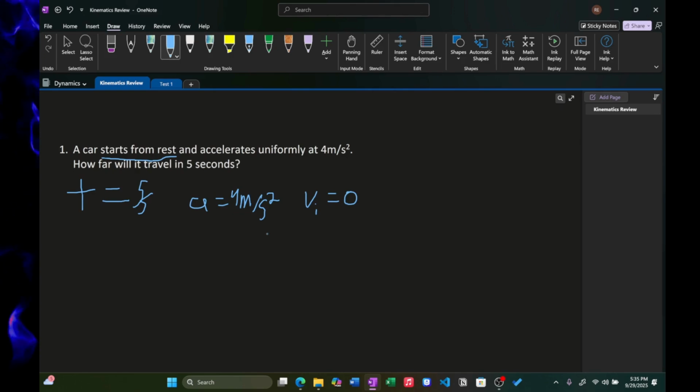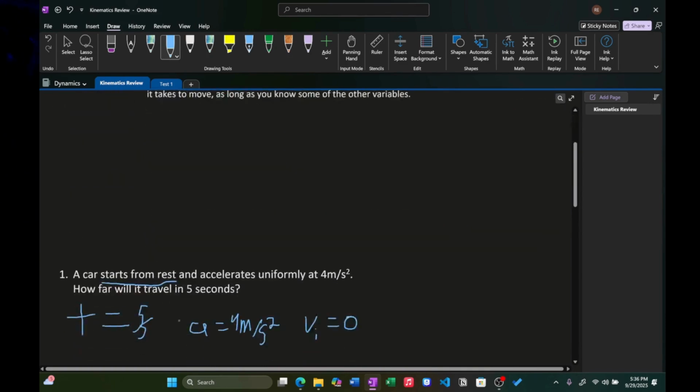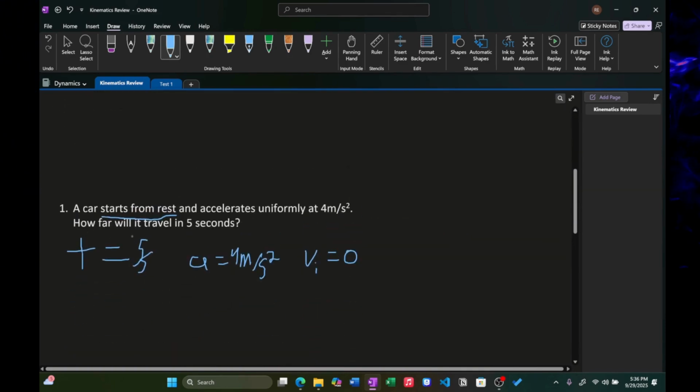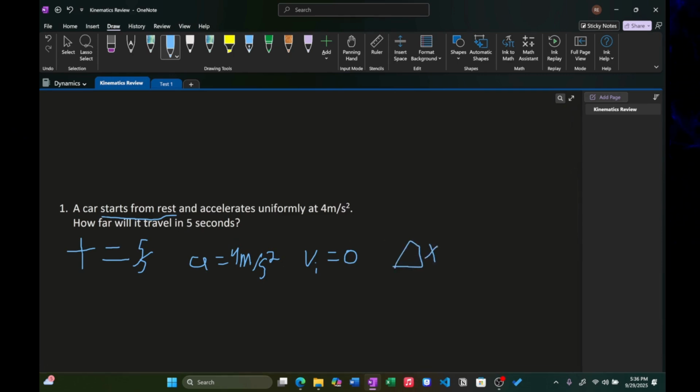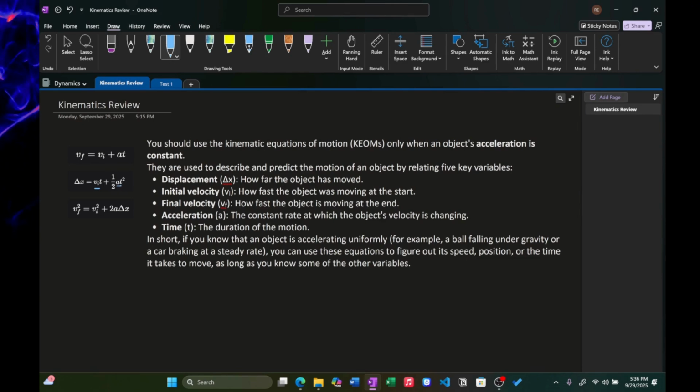So let's see if we can pick which kinematic equation of motion fits this. We need to find how far it will travel in 5 seconds, so delta x is what we are looking for. We have a v initial, an acceleration, and a time, so I think we're going to use this equation right here.